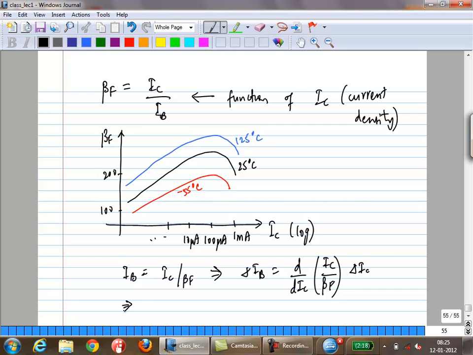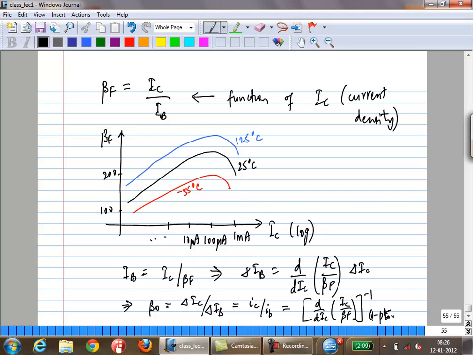So now you can define something called beta naught, or sometimes it's just called beta, which is delta IC over delta IB at the Q point, at the quiescent point.